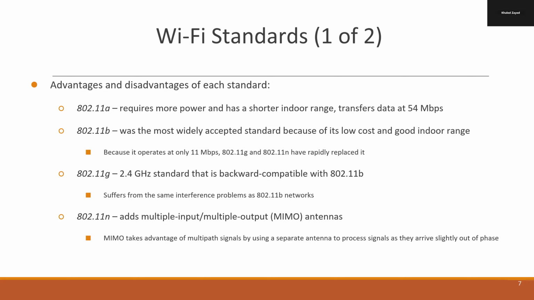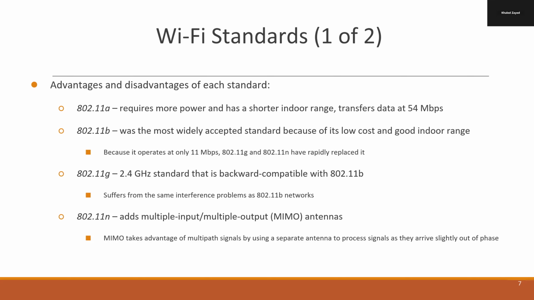So the 802.11a requires more power and has shorter indoor ranges, and transfers data at 54 megabits per second. And the 802.11b was the most widely accepted standard because of its low cost and good indoor range, even though it operates at only 11 megabits per second, and 802.11g and N have rapidly replaced the B standard.